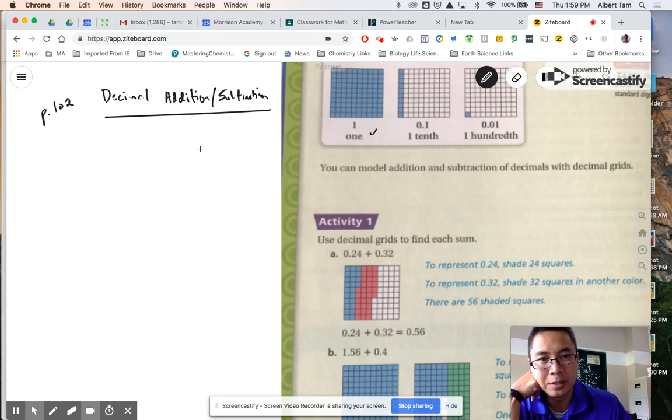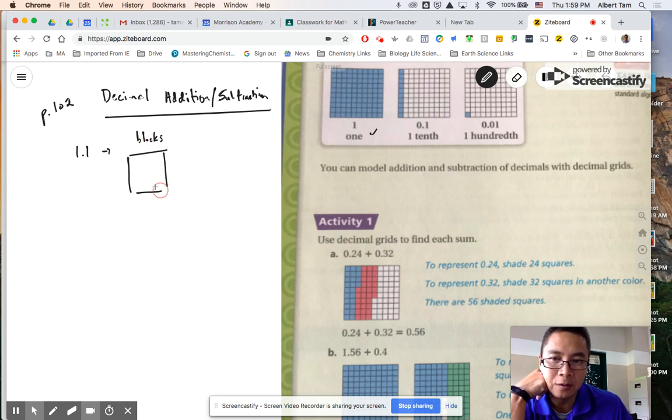Okay, so to represent something like 1.1 with these blocks, essentially you'd need this big square, like so. I'm just going to quickly draw this, but I draw it in so that there's essentially 100 of these blocks in the square. I have to draw nine of these lines, but since I'm doing it really fast, it's going to be less than that. Then you have to do 1.1, or 1 and a tenth, so I need to draw one more of these, like so.